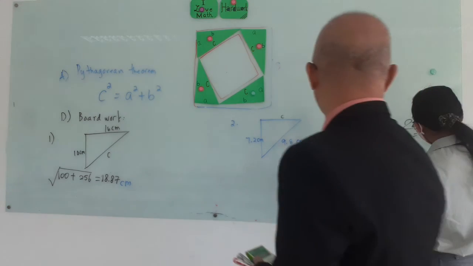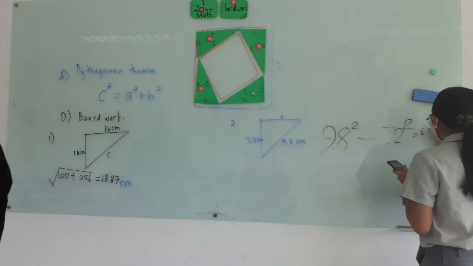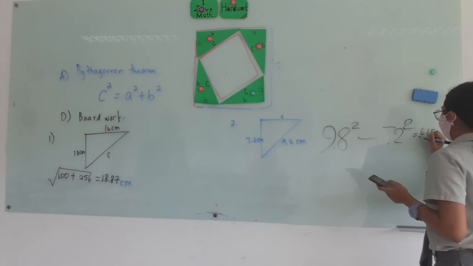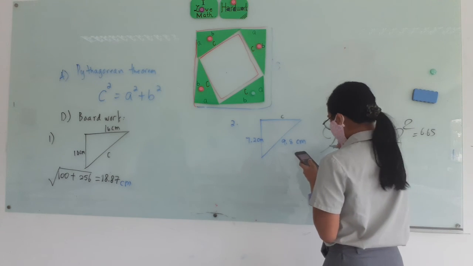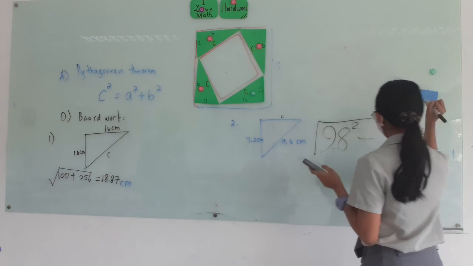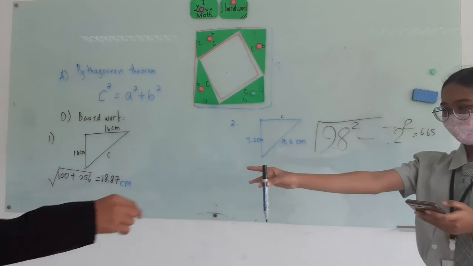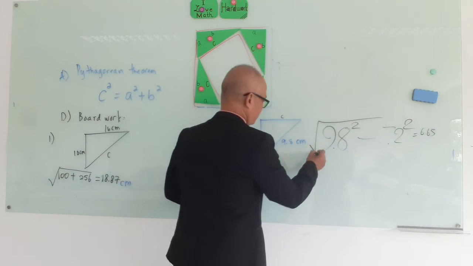Yes. 6.65, 6.6. All right, thank you. Write the square root. Where's your square root? Yes, thank you very much. Okay, now sit down.